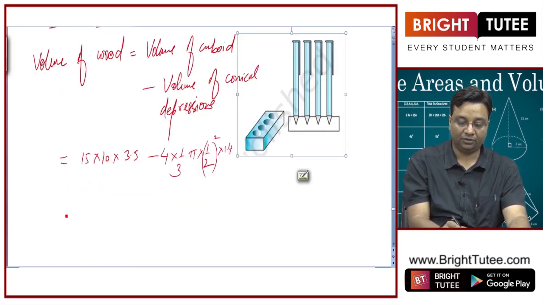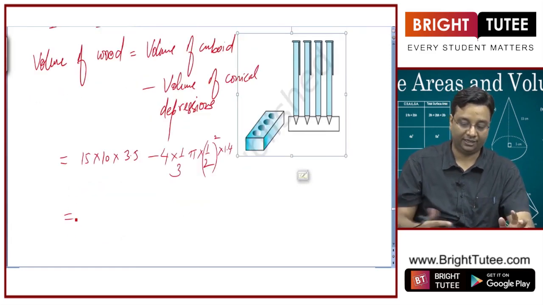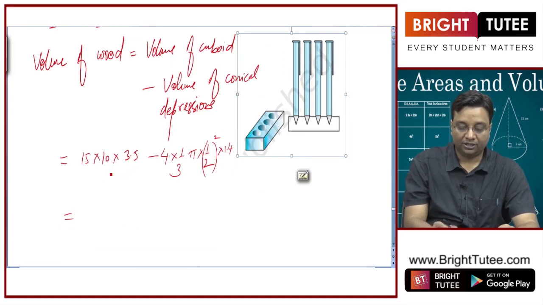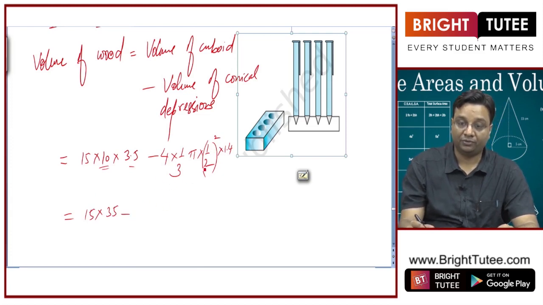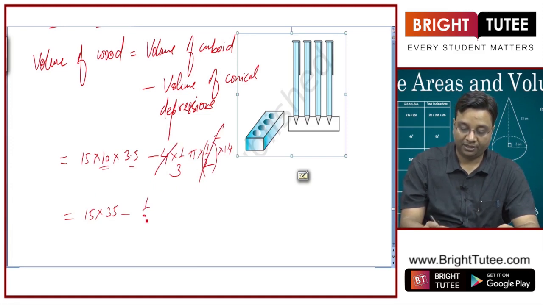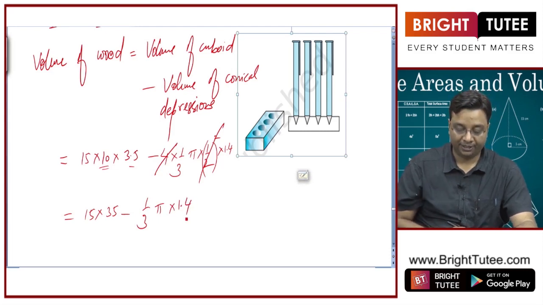This is the volume of wood used to make this pen stand. So it is equal to 15 into 10 into 3.5, which is 35, minus, 1 by 2 squared is 1 by 4. So this can be cancelled with this 4, and 1 by 3 pi into 1.4.